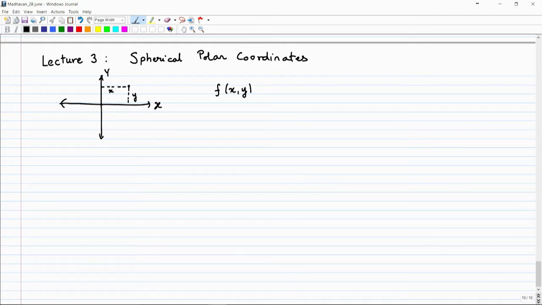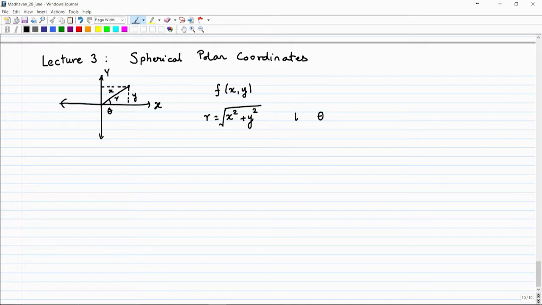So what you do is you define an r and a theta. Theta is this angle with the x axis, r is the distance of this point from the origin, and you say that r equals the square root of x squared plus y squared.